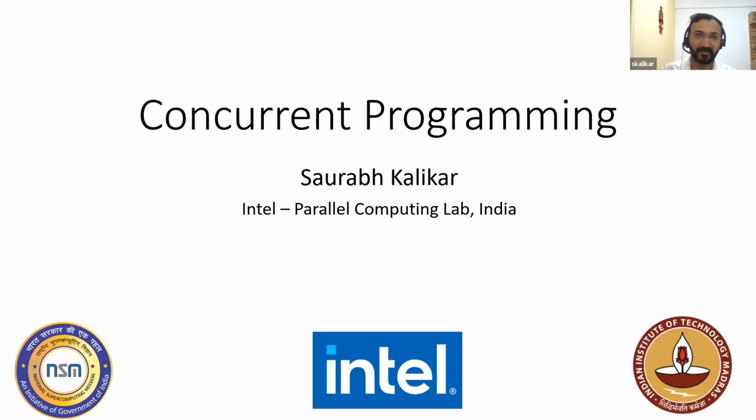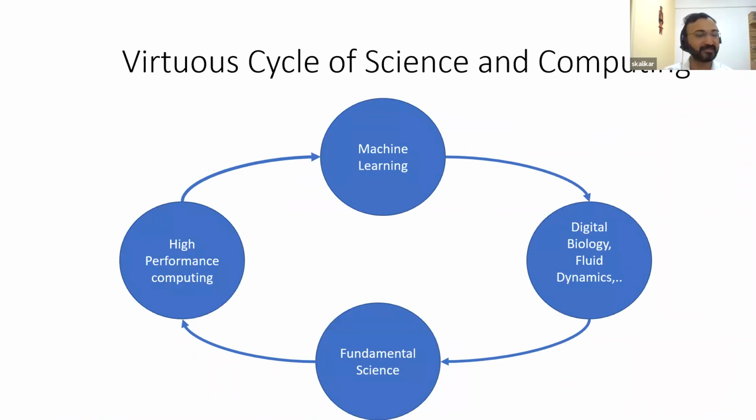Nowadays, machine learning and AI are crossing boundaries, with advancements in digital biology, digital chemistry, physical simulations, and whatnot. So it's a virtuous loop between computing and modern science as well as fundamental research.